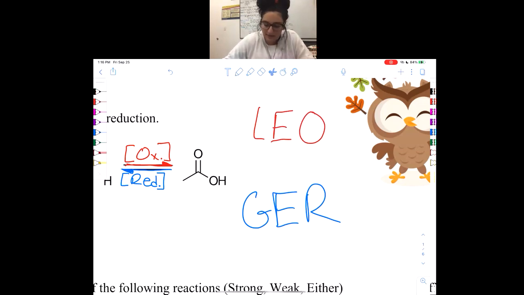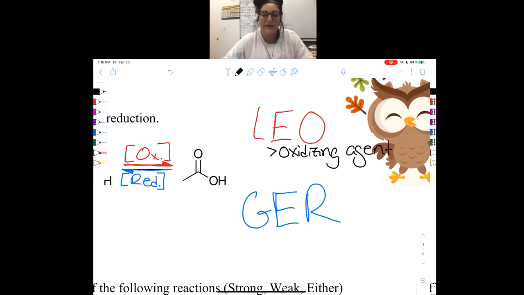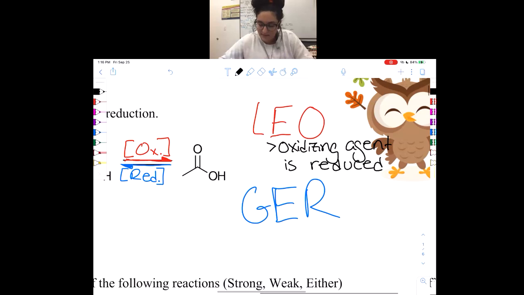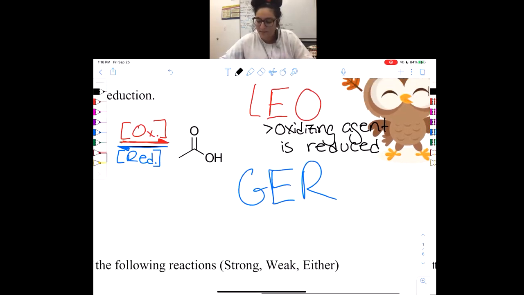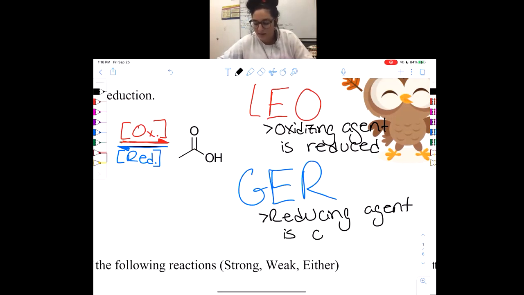And with that, I want to mention the oxidizing agent will be reduced. And the reducing agent is oxidized.